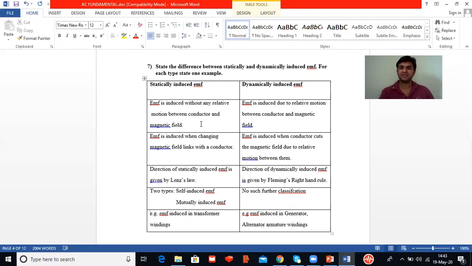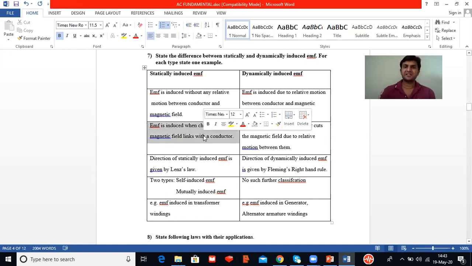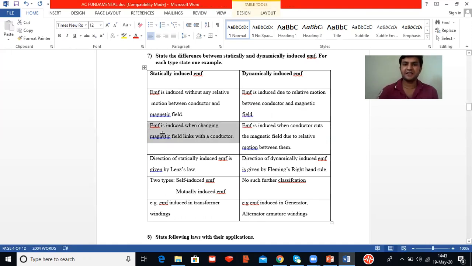And second, dynamically induced EMF is induced due to the relative motion between conductor and magnetic field. The second point: statically induced EMF is induced when the changing magnetic flux links with a conductor, means flux linking action takes place.